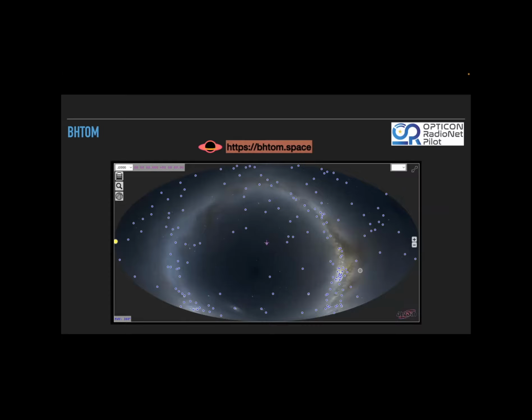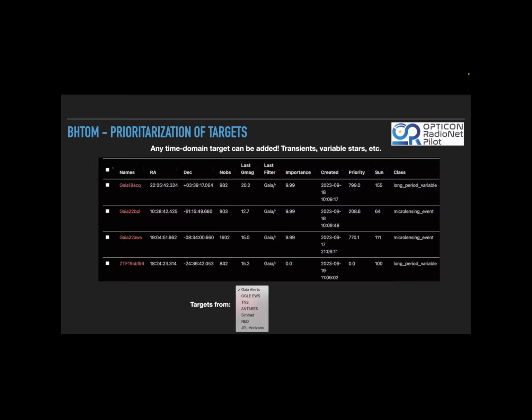You can look at the distribution of them, and this is the target list, which can be filtered in the way you want: by coordinates, by magnitude, by the most recent magnitude, by the importance and the observing priority, also visibility, but also by the class. If you're interested in long period variables only, then you can filter on them, and then you can select the target you're interested in.